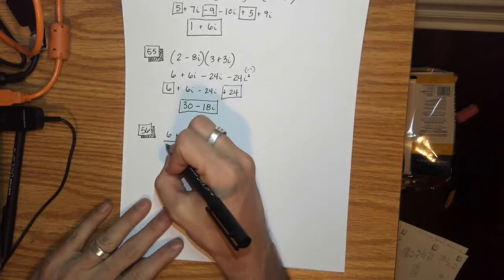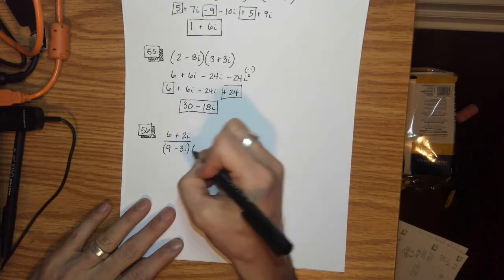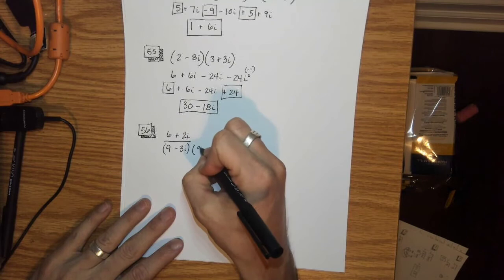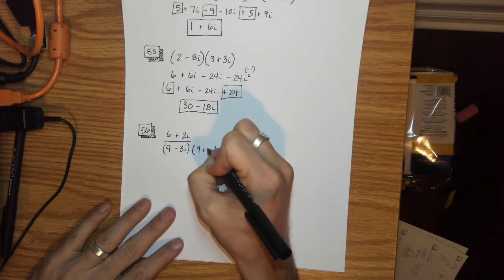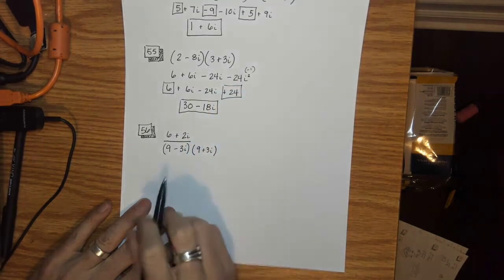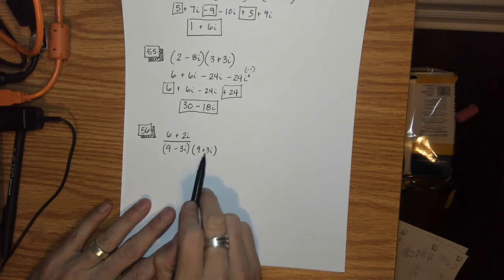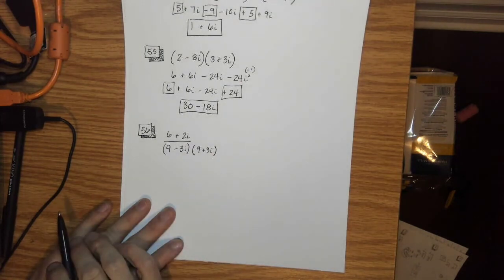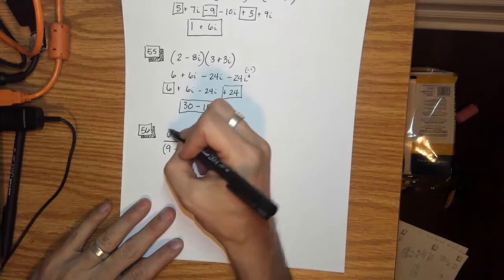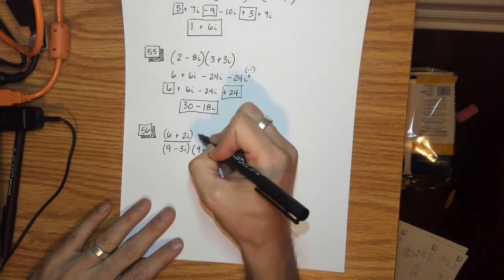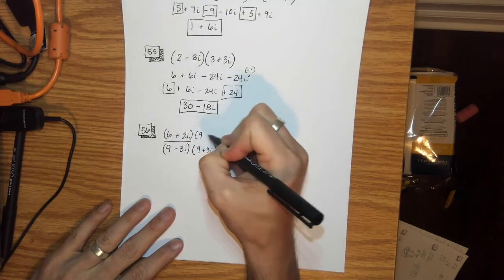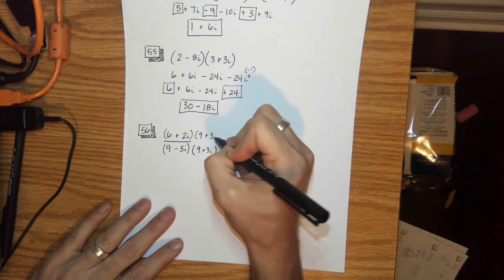So we're going to look at this like it's an expression, and we're going to multiply this expression times the thing that would make it a difference of squares. We got minus here, so we're going to multiply it by the plus version of that expression. Now, whatever we do to the bottom, we're going to have to do to the top. So we're going to have to multiply this times this 9 plus 3i.